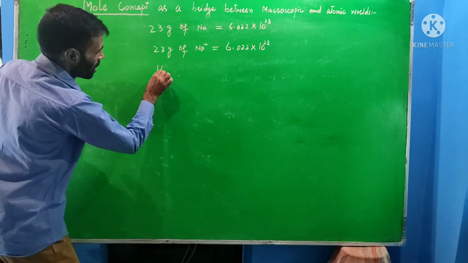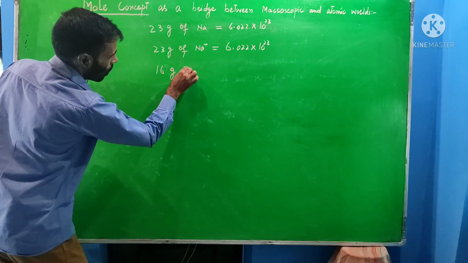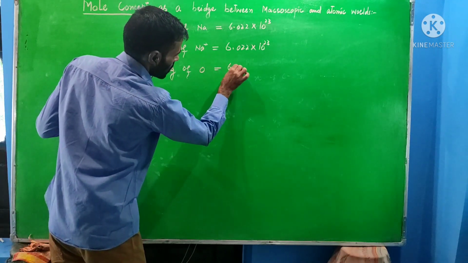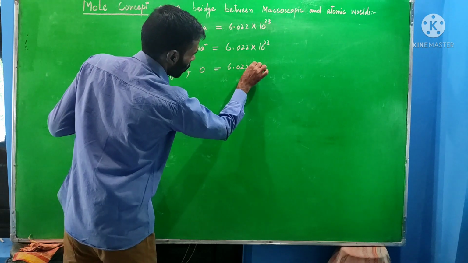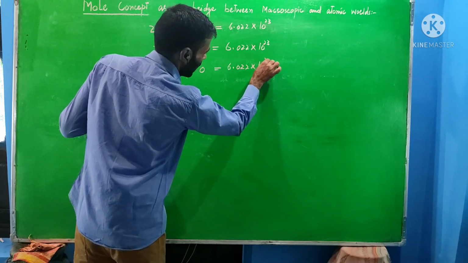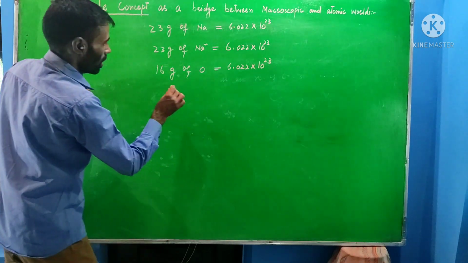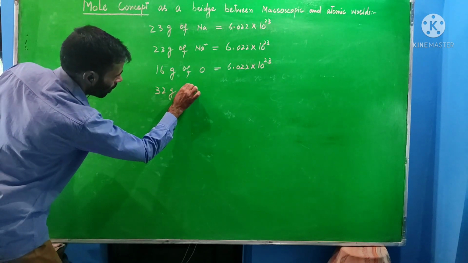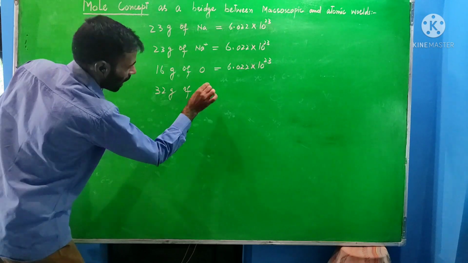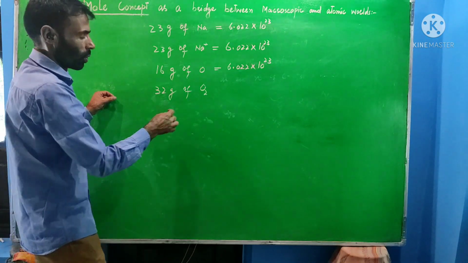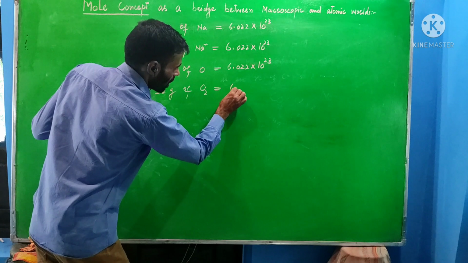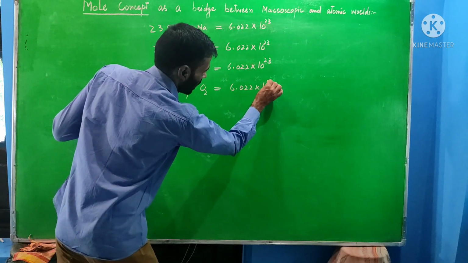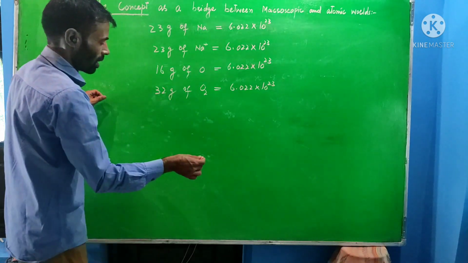Similarly, 16 gram of oxygen atoms contains 6.022 into 10 raised to power 23 oxygen atoms. Now this 32 gram of O2 molecules, means 32 gram of oxygen, contains 6.022 into 10 raised to power 23 oxygen molecules.